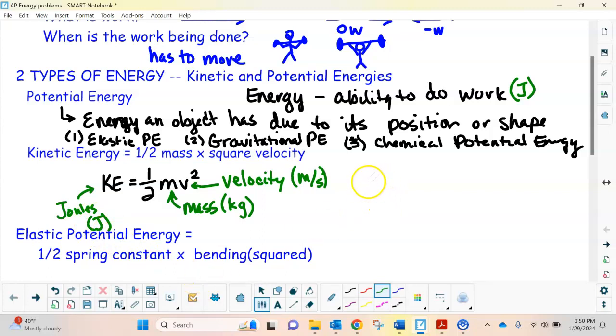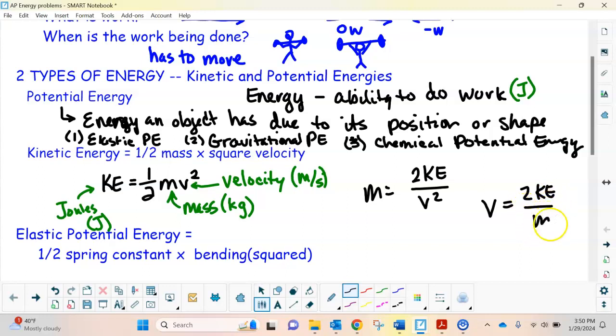If you were going to solve this for mass, then you'd have 2 times KE all over the velocity squared. If you were going to solve this for velocity, we've got a squared here, so I've got 2 times KE all over the mass, and then since this is squared, I have to take the square root of it to get velocity.